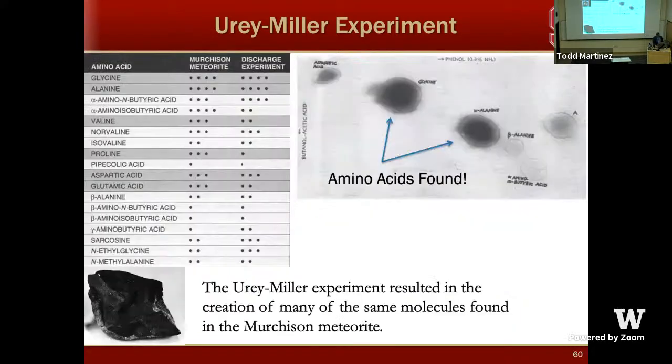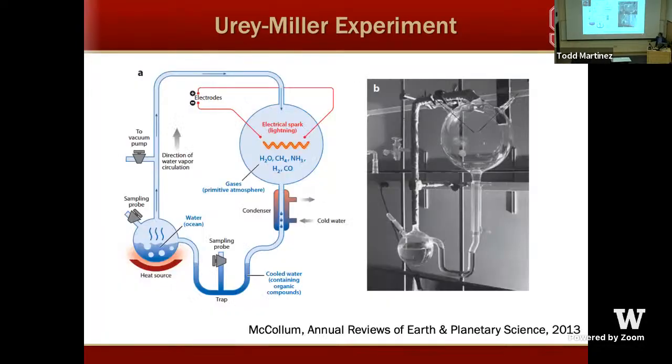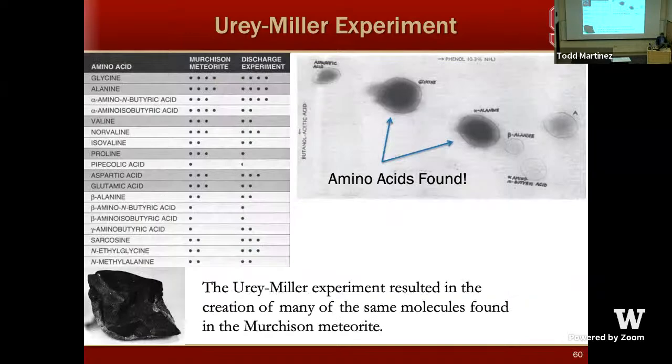That experiment was done many years ago in the 50s. And they found amino acids actually. So just starting from, remember what they started from. They start from water, methane, ammonia, H2, and CO, right? So basically nothing. Start from inorganic small compounds and go through that procedure, and you get amino acids.